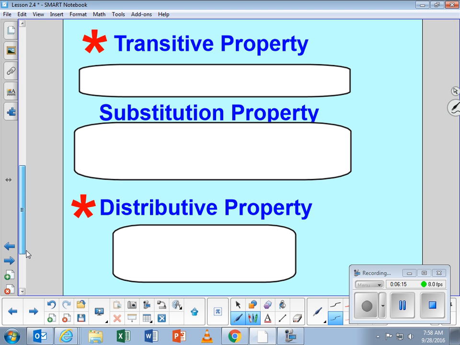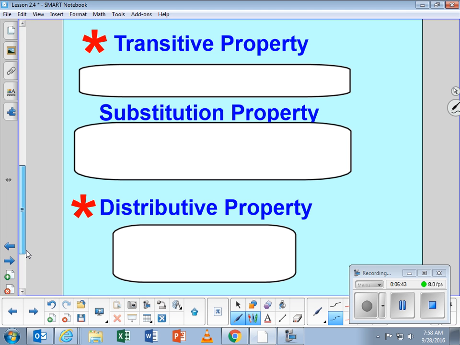I said some books call it the law of transitivity. And it makes sense because it's just like the transitive property. What law were we talking about when I said that? Law of syllogism. I heard someone say it starts with an S. When you're not really good at saying that word, it's kind of hard to remember. But it's the law of syllogism. What did the law of syllogism say?